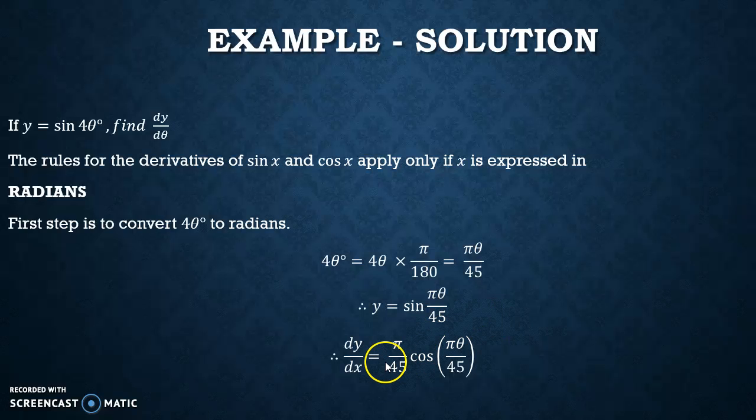I'll jump the step here, but if you let u equal pi theta over 45, apply your chain rule, you'll find out that this is what the derivative works out to be. Now, because the question was given to us in degrees, we should convert what's inside the brackets here from radians back into degrees. So that would be multiplying by 180 divided by pi.